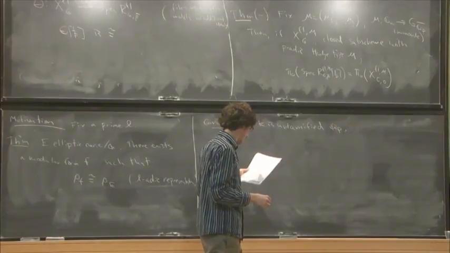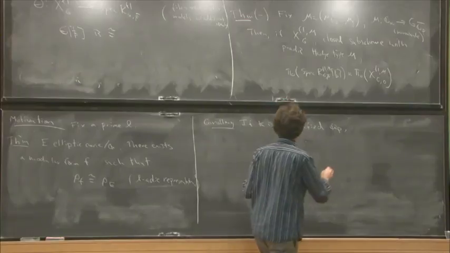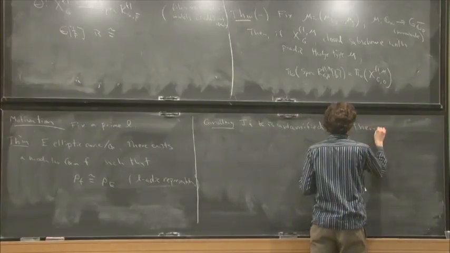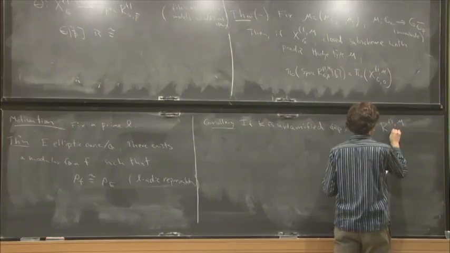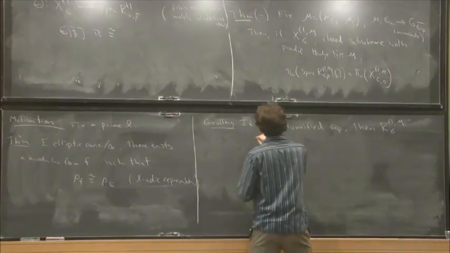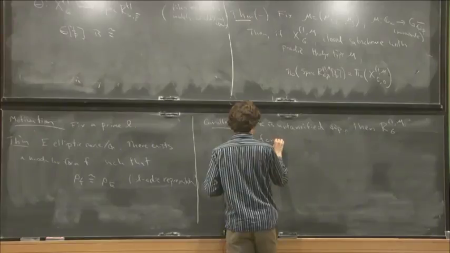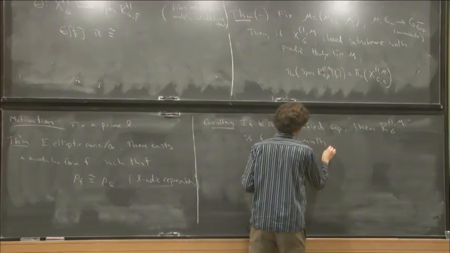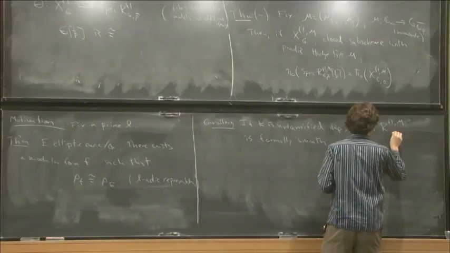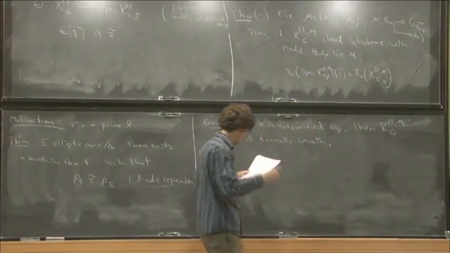And so the same thing is true for the G-valued version. So then R^{flat,μ}_G is formally smooth, for any G.